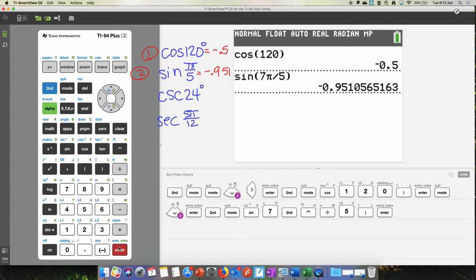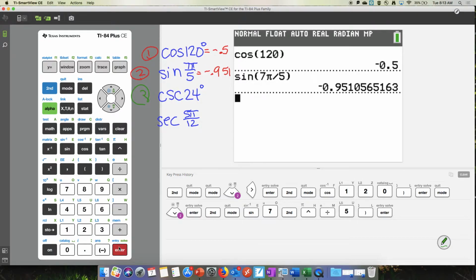All right, now, do you see a secant button or a cosecant button on your calculator? No, I don't see one. Okay, these right here, sine -1, cosine -1, tangent -1, those are inverse. Those are not secant or cosecant.